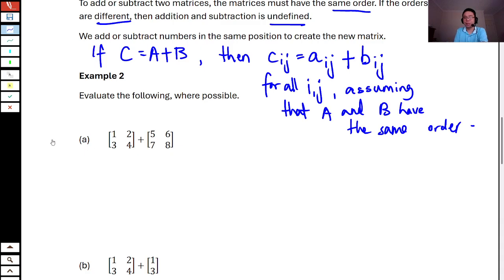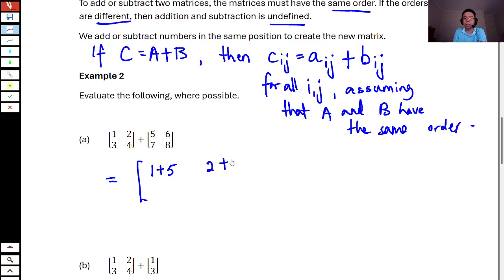Okay, so with this first example here, I've got a 2 by 2 matrix plus another 2 by 2 matrix, and so I first check, do the matrices have the same order? Yes, they do. That means it's possible to add the two matrices. How do we add them? To get row 1, column 1, I'm going to do 1 plus 5.